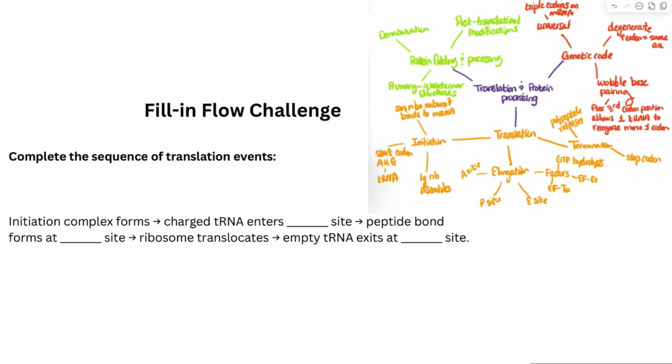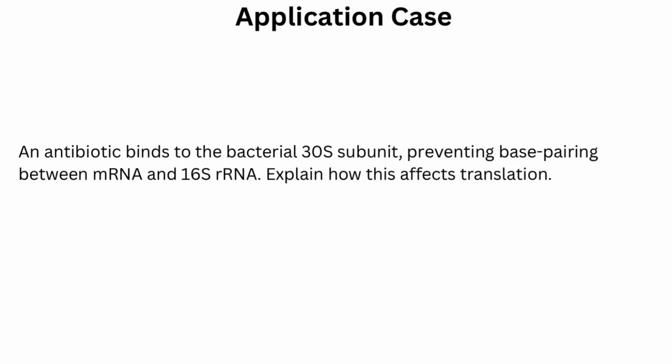Then empty tRNA exits at what site? Application case: an antibiotic binds to the bacterial 30S subunit, preventing base pairing between messenger RNA and 16S rRNA. Explain how this affects translation.